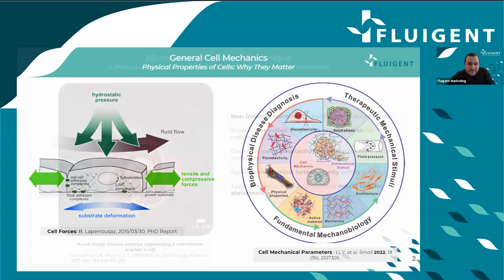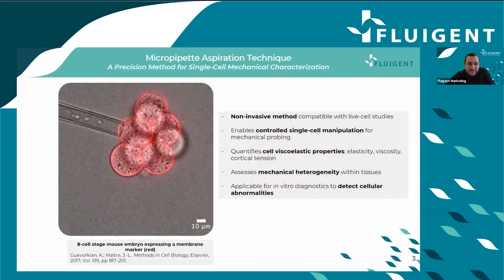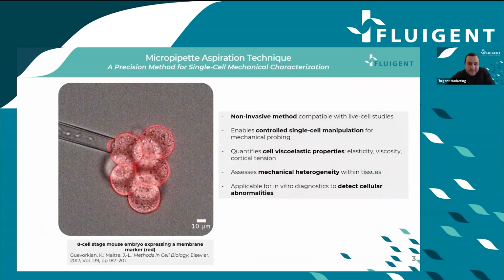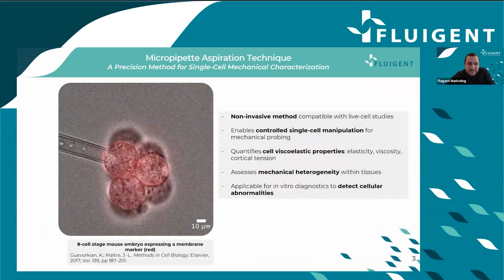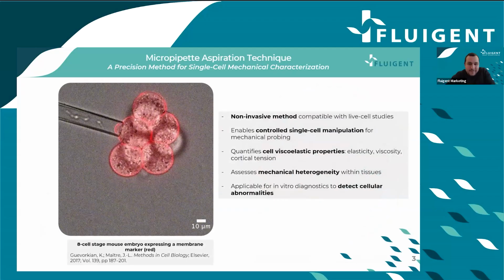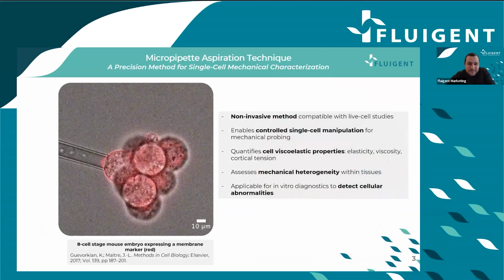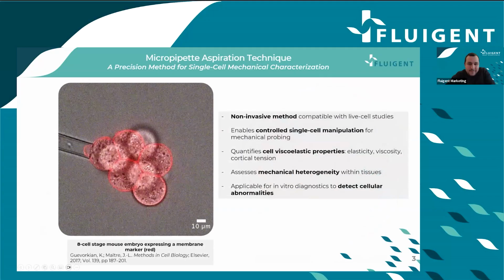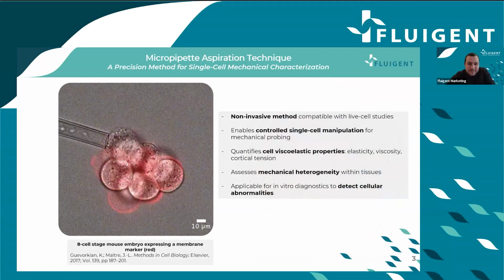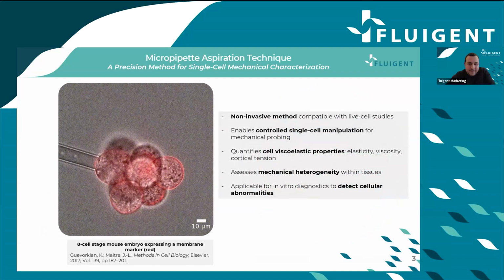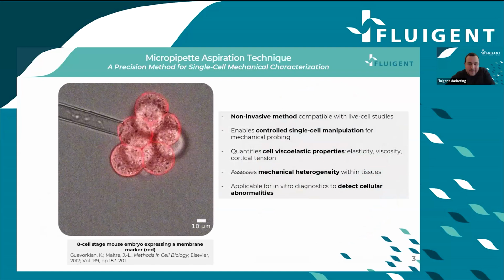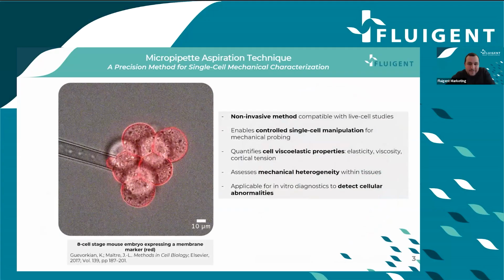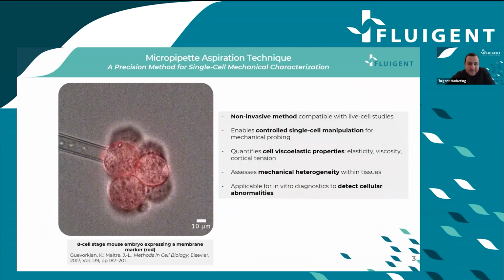One of the most used and established techniques for this purpose is micropipette aspiration. The principle is simple, yet it can be powerful. As you can see in the image, there is a glass micropipette with a micron scale tip. It is brought into contact with the cell membrane.